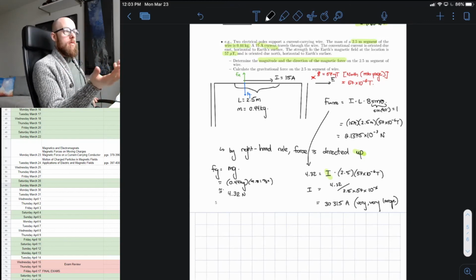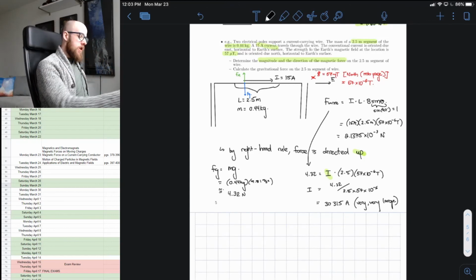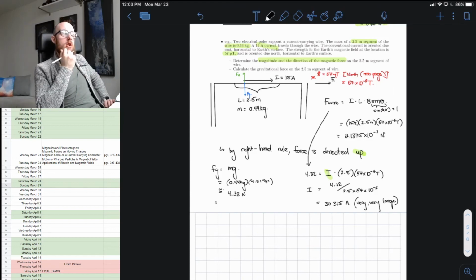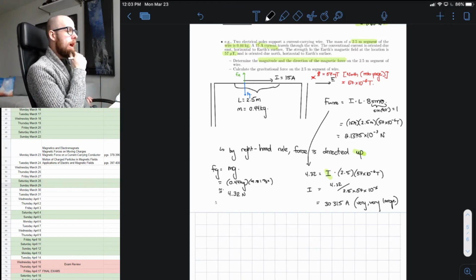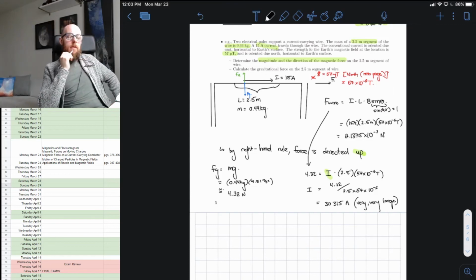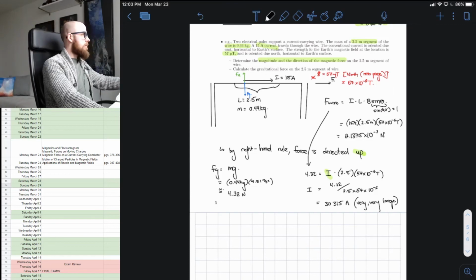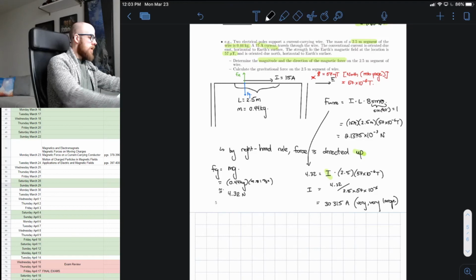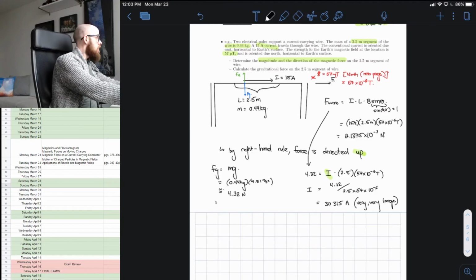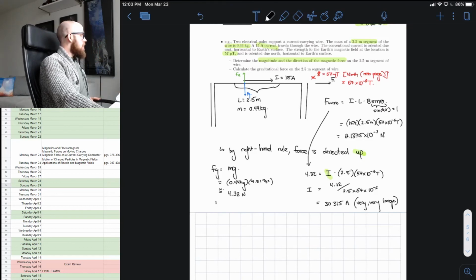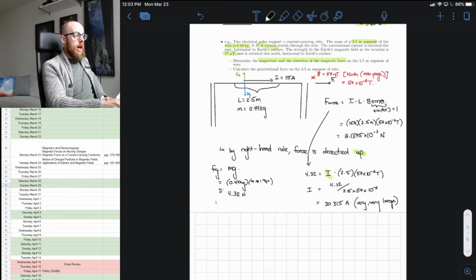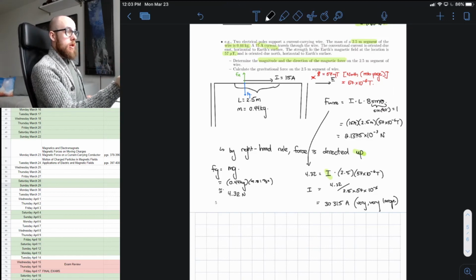With current, we have to consider Ohm's law. In order to have a very high current like that, you have to have a very high potential difference and a very low resistance.